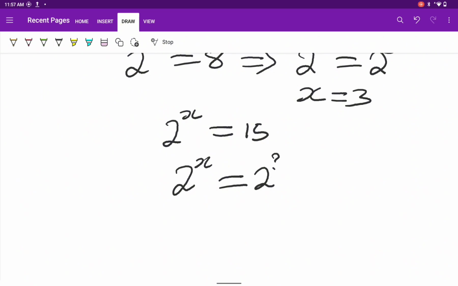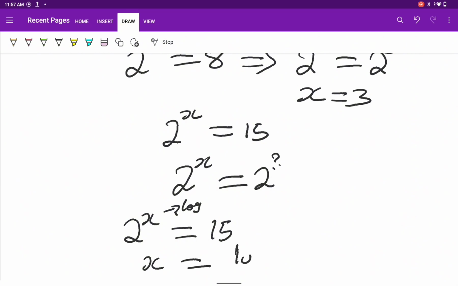Now how do we get the answer there? Because we know that x is a log, we say the x value is a log.